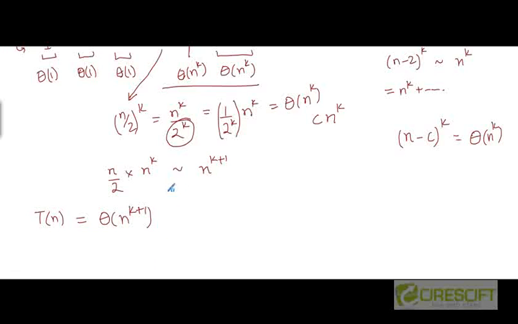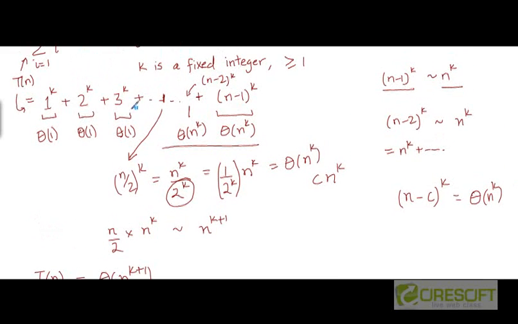And this may or may not be true at this stage. We haven't proven this formally. We just guessed based on the fact that the right half of this array seems to have a complexity of n to the power k plus 1. And even if there were n terms, even if every single term here had a complexity of n to the power k, still the complexity of the series would have been n to the power k plus 1, because then we would have had n times n to the power k.